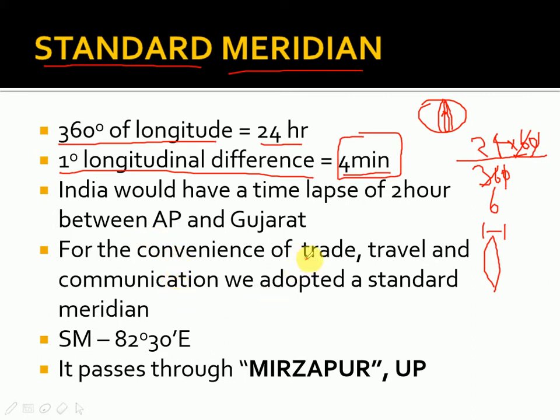The trade, travel and communication will be worst hit. So for the convenience of trade, travel and communication, we have adopted a standard meridian, and this standard meridian roughly divides us in two equal halves.